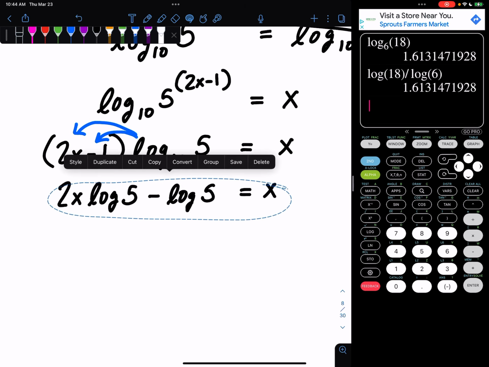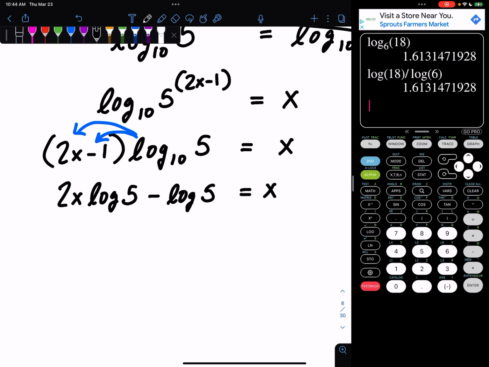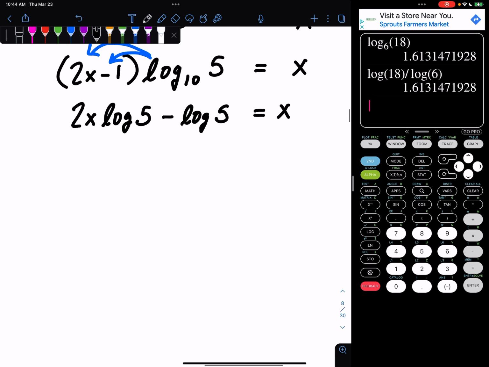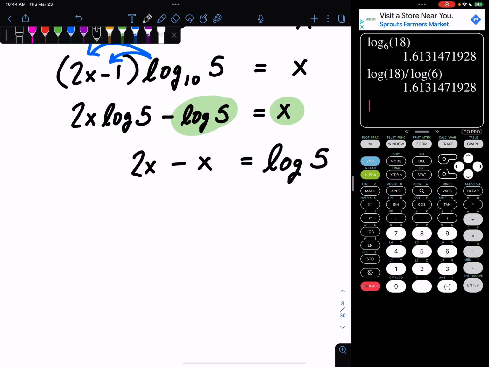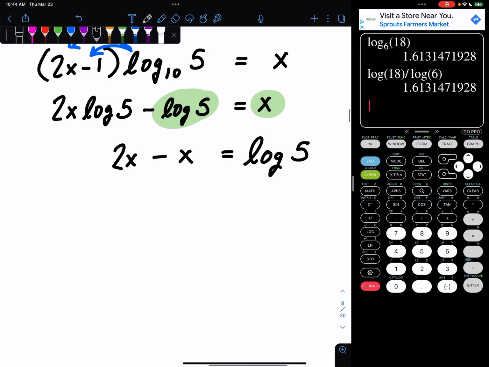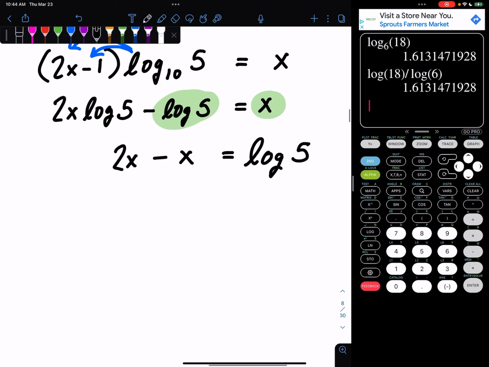And then you want all the x's on one side and everything else out of the way. So I'm going to switch my log 5 and the x. So we're going to go 2x log 5 minus x equals log 5. Oh, sorry, guys, I wrote the wrong thing right here. Oh, my goodness. Okay, there.